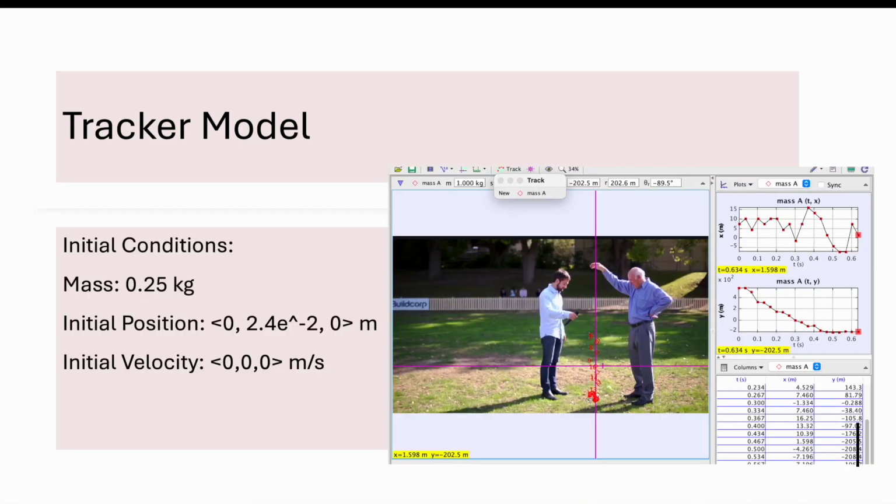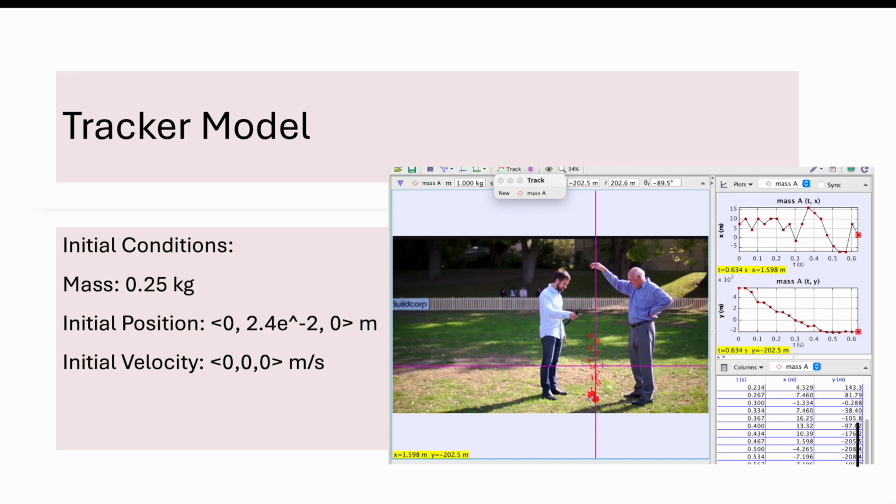So for our Tracker model, we put the center of our coordinate system at the bottom of the Slinky when it was placed, like in the initial video. And we have that our mass is 0.25 kilograms.